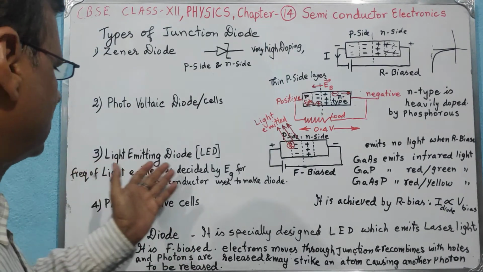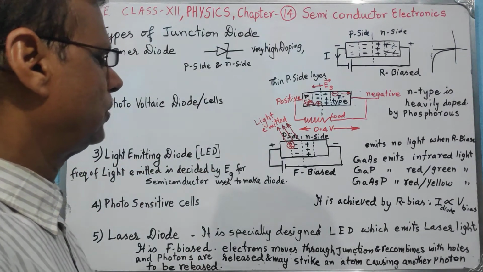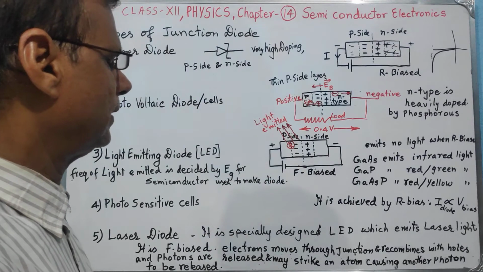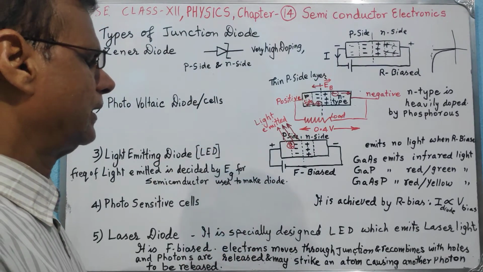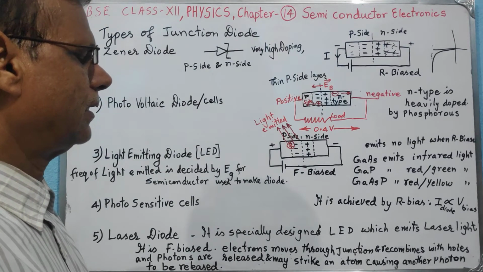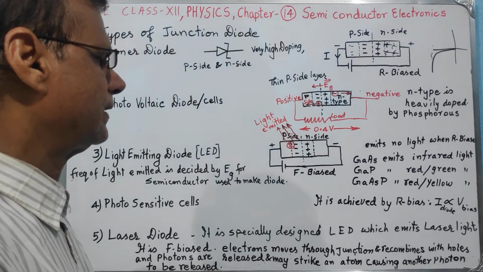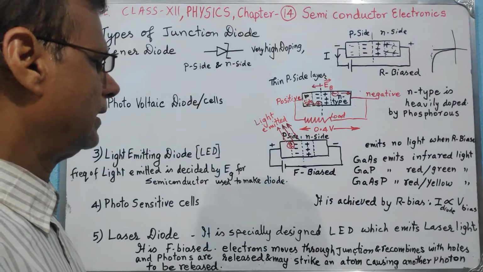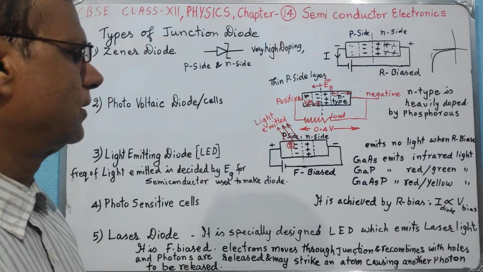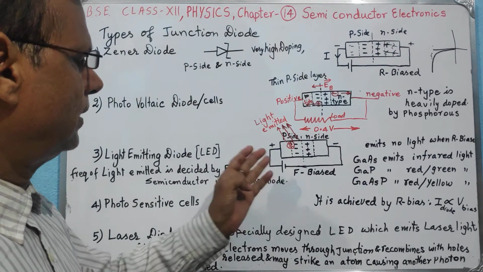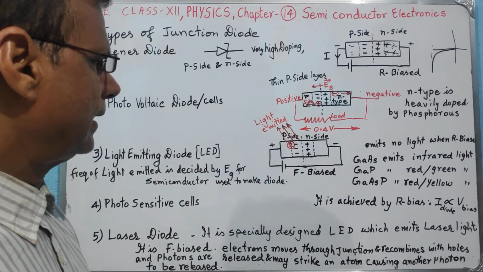Now we talk about light emitting diode. This is also very much used these days because this method of producing light has very high efficiency. It is very economical. The life of the LED is very long. So this is in use these days.